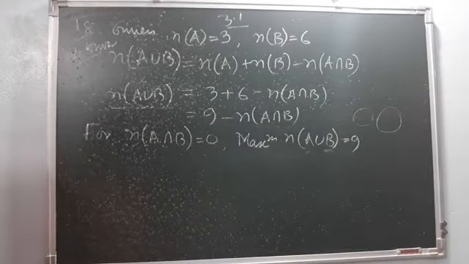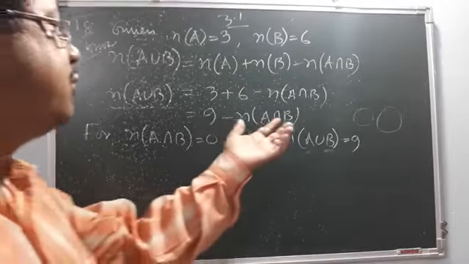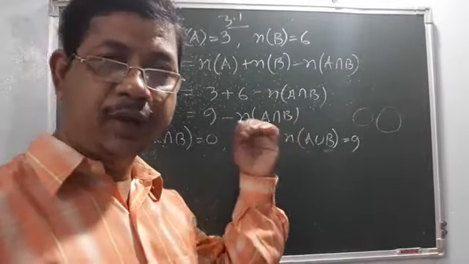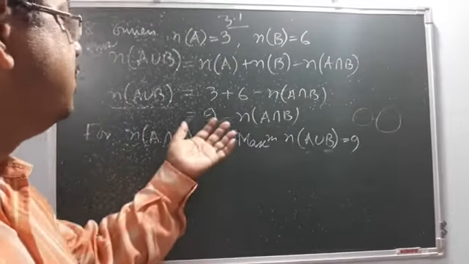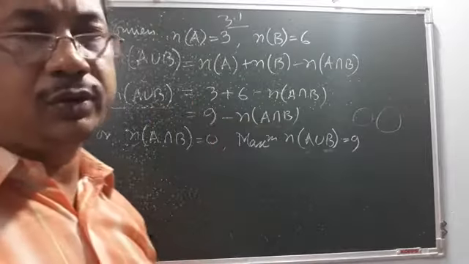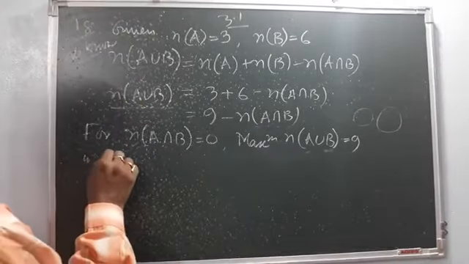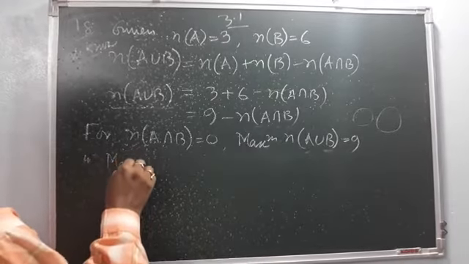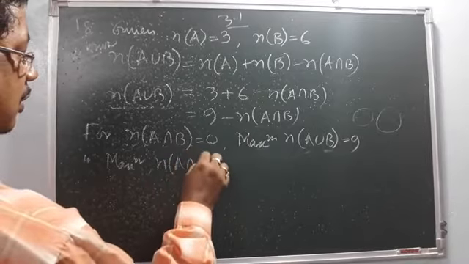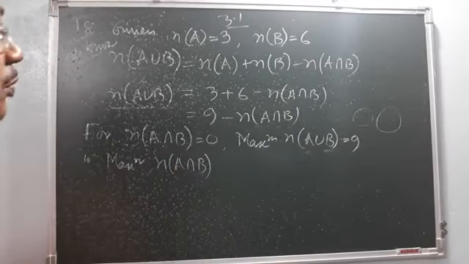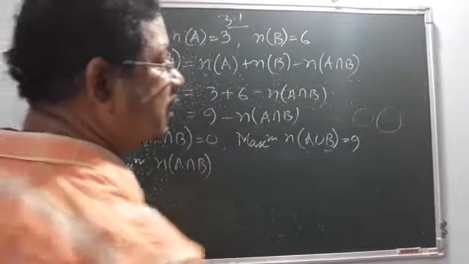That part you have to learn. You have to understand what the minimum value of this one is. The lowest value is 0, and the lowest value of 0 means this will give the highest value of n(A union B). And for the maximum of n(A intersection B), when can it be maximum? A has 3 elements, B has 6 elements.